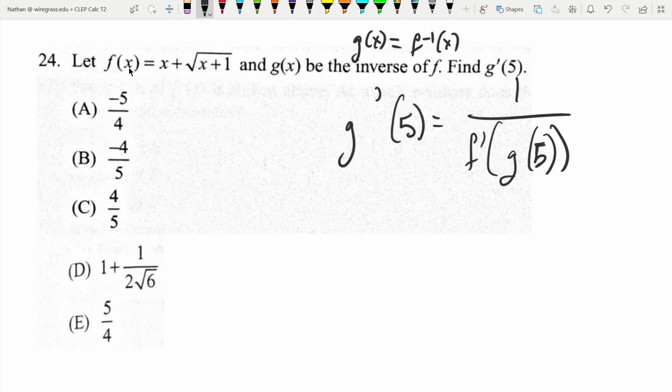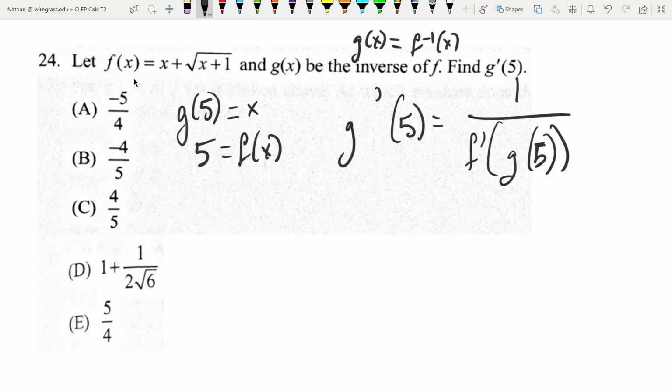So g of 5 equals something, then that means f of x equals 5. Because f has an inverse, it's 1 to 1, and there can only be one x that goes to 5.